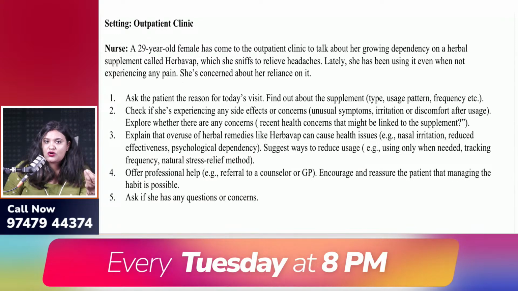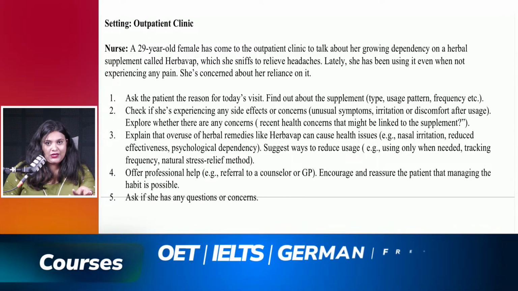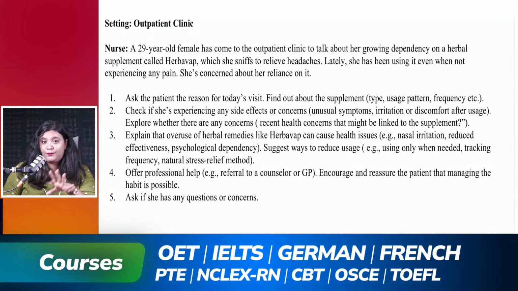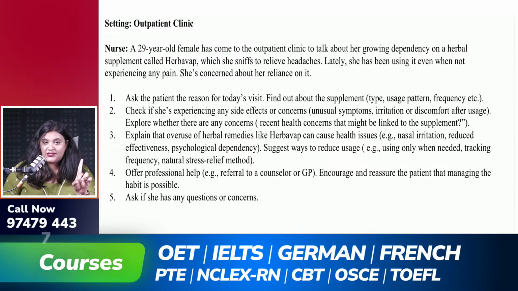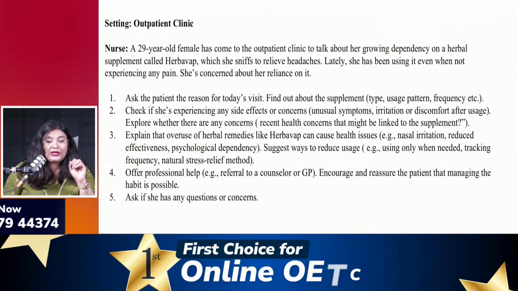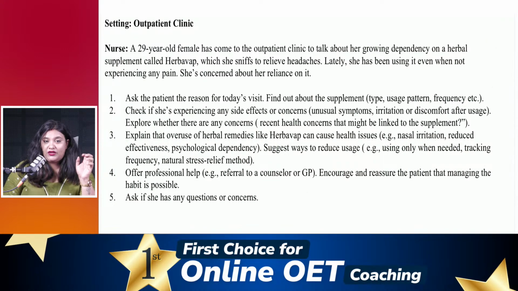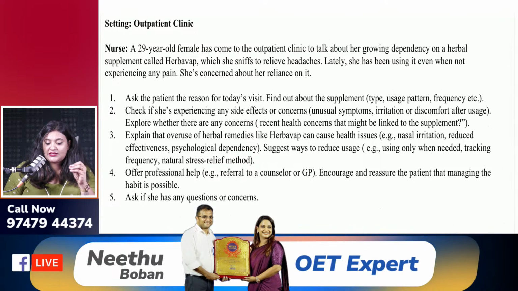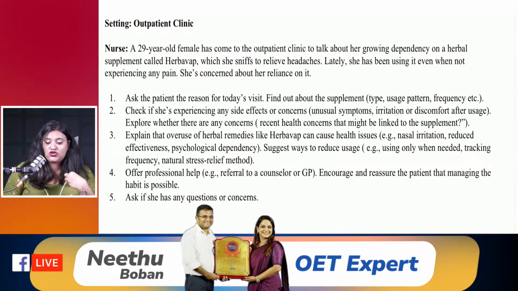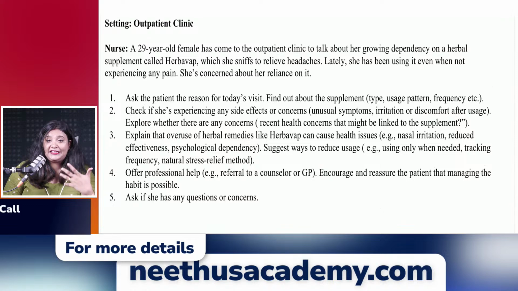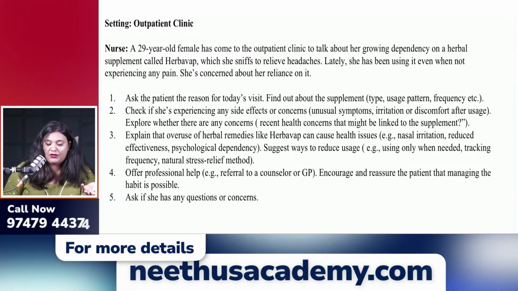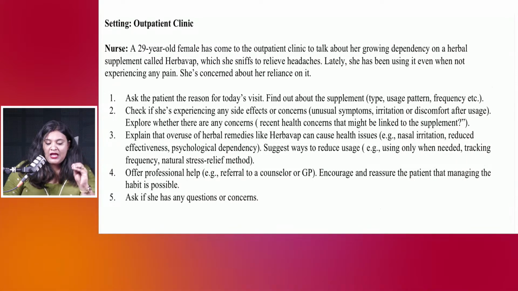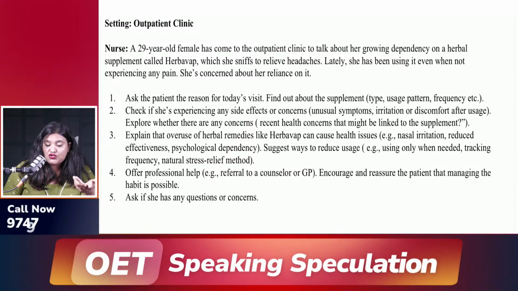Based on the information given here, looking at the points we have, the setting is an outpatient clinic, and when you read the background information, we understand it's a 29-year-old female who has come to the outpatient clinic to talk about her growing dependency on a herbal supplement called Herbavap, which she sniffs to relieve headaches.